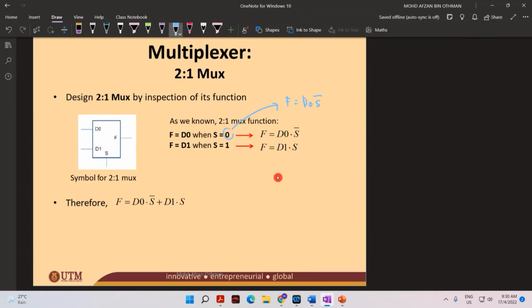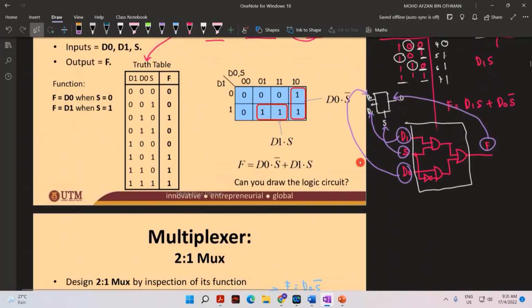Because you see here, S is a 0. Okay, so that's why D0 S bar. And what about this one? Yang bawah ni, F sama dengan D1S. Kenapa D1S? Because S ialah 1. Okay, and then you add them together, kamu akan dapat D1S tambah D0 S bar, which is sama dengan apa yang kita dapat dekat sini.